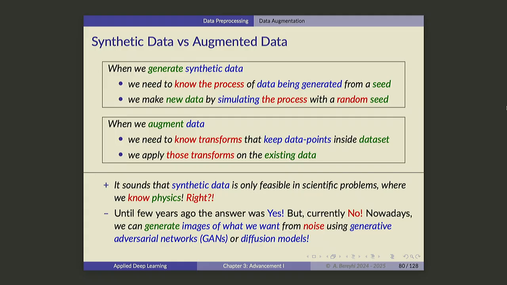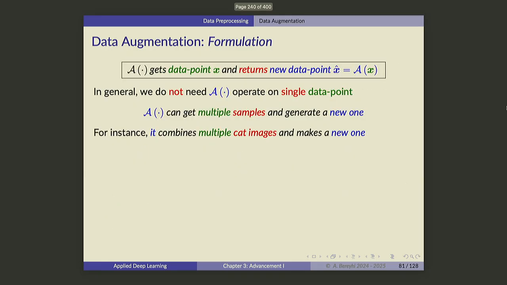But, well, I guess this was the kind of argument people would give a couple of years ago, but nowadays, given all of the generative AI, you know that you can generate CAT images, right, from noise. So you just start from random seeds, you generate CAT images. This is still data generation, right? And then you generate that CAT image, you add it to your data set with label 0, right? You can do it. So this is why we really don't care about those classification problems too much anymore, right? We can get as much data as we want.